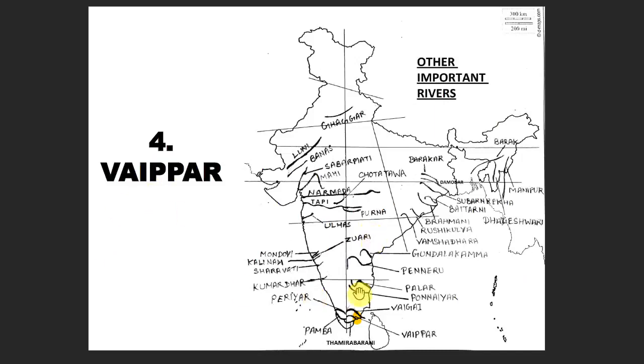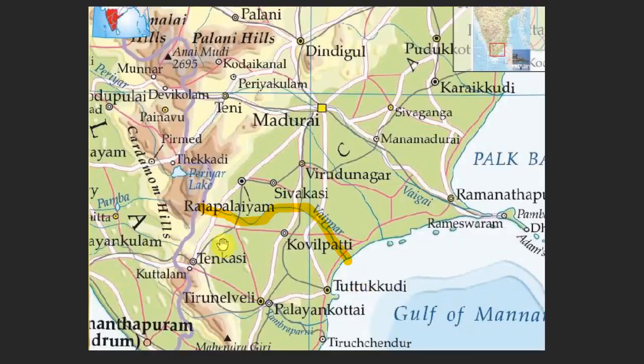Vaippar river, located just north of Thamirabarani, so we are ascending from the extreme south northwards. So Vaippar river lies between Vaigai river, which drains near Rameshwaram, and the Thamirabarani river, which is located near Tirunelveli, and all these rivers drain into the Gulf of Mannar.